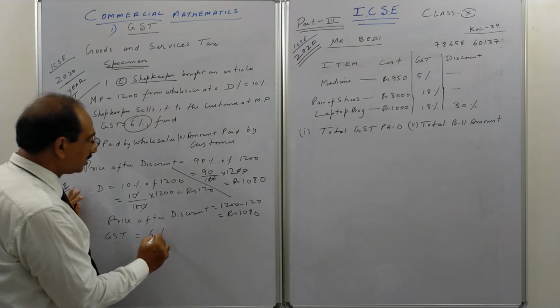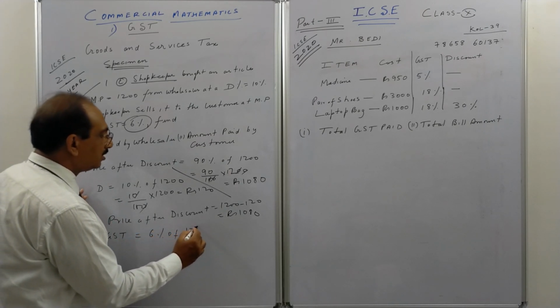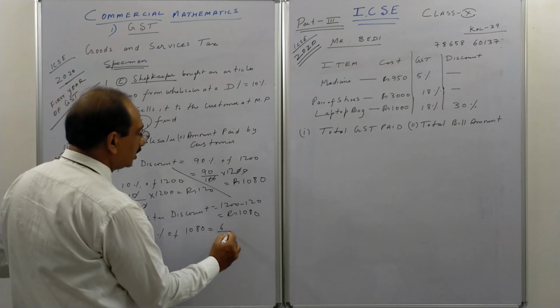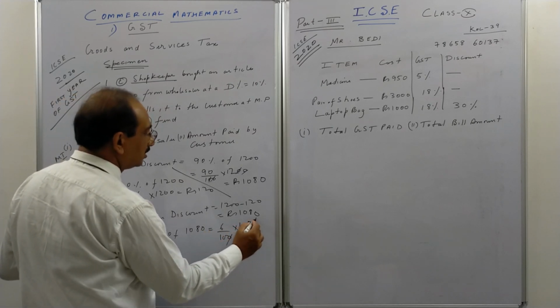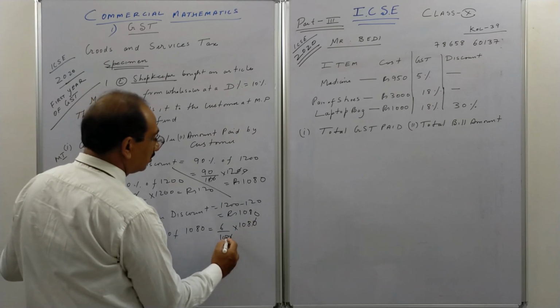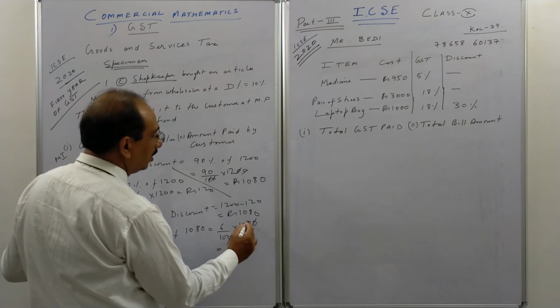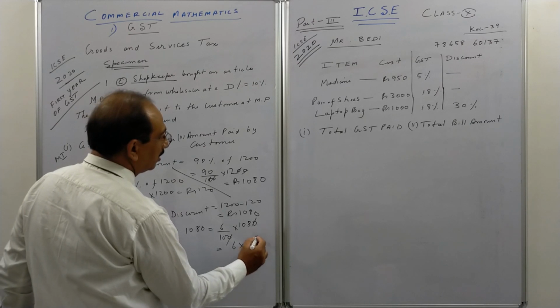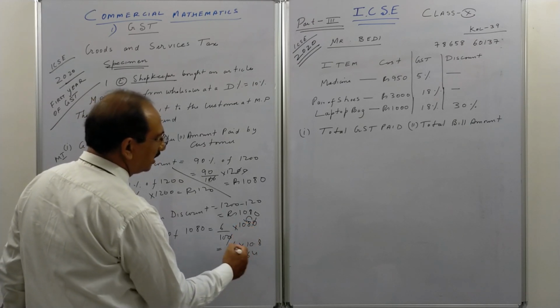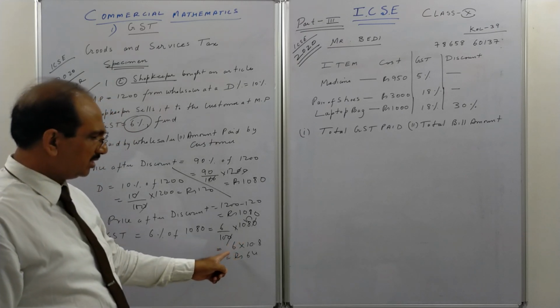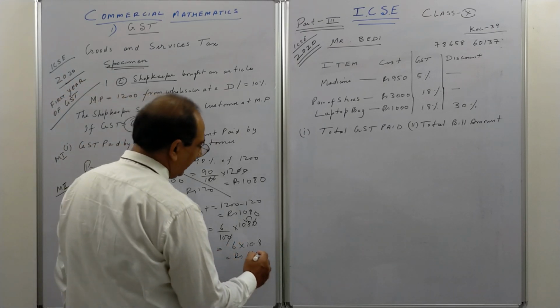So it is 6% of 1080, 6 by 100 into 1080. This cancels, so this becomes 6, and if you take it as a decimal here, when the decimal comes, this will be, I think, 10 sixes are 60, 80 sixes are 480.